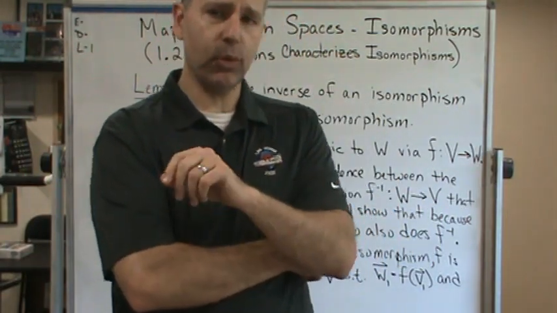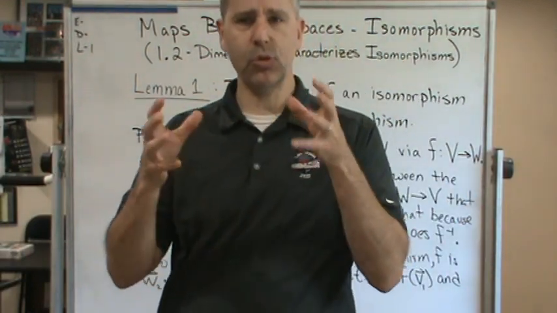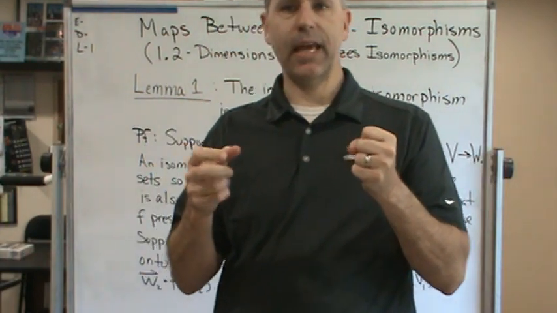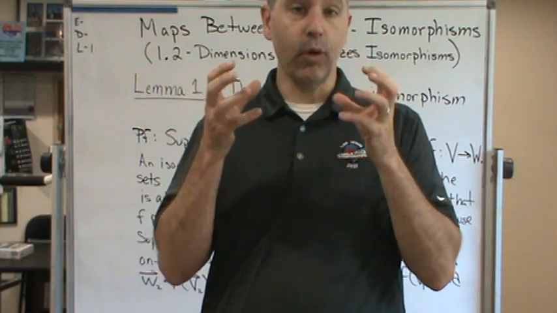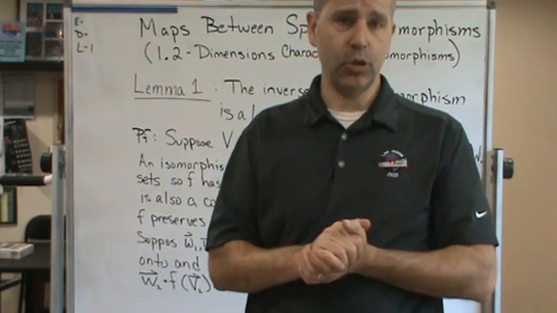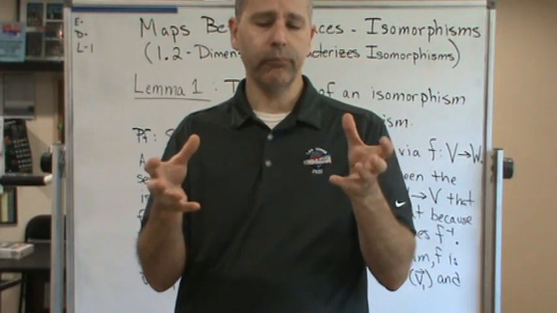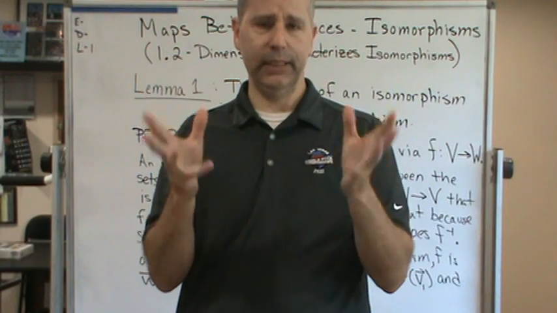Well, in this section we're going to make that more precise, because we're going to talk about two different vector spaces as being the same by showing that there's actually an equivalence relation between the two. So it's almost equal. We're taking two unequal spaces and saying they're almost equal.